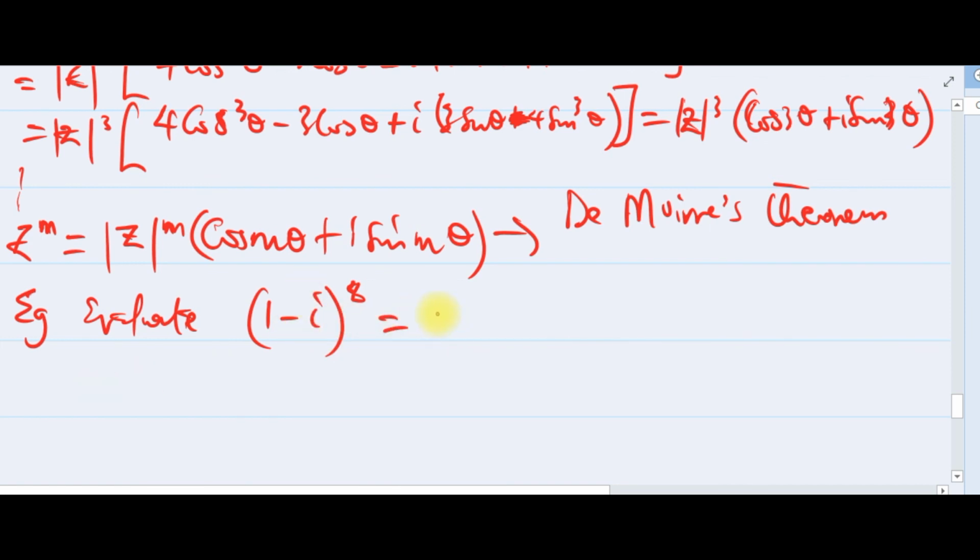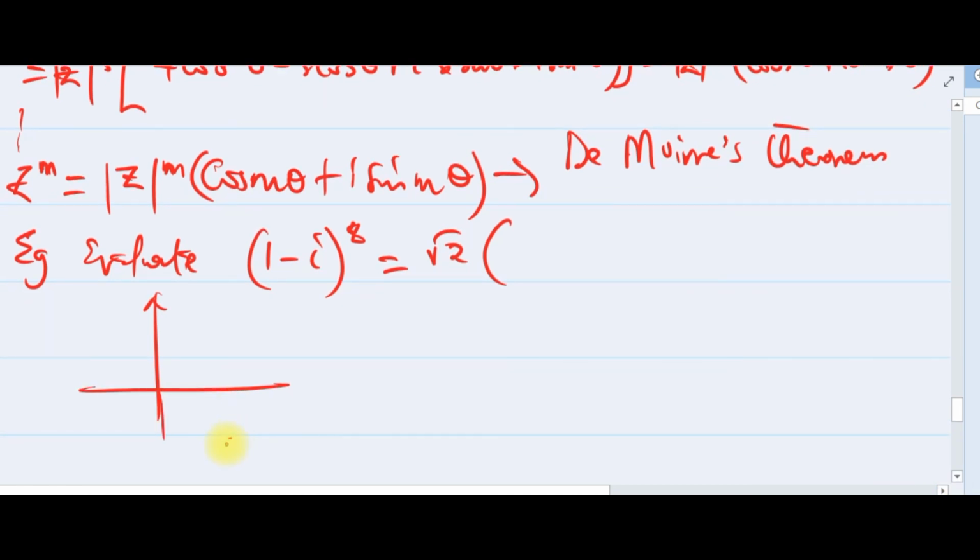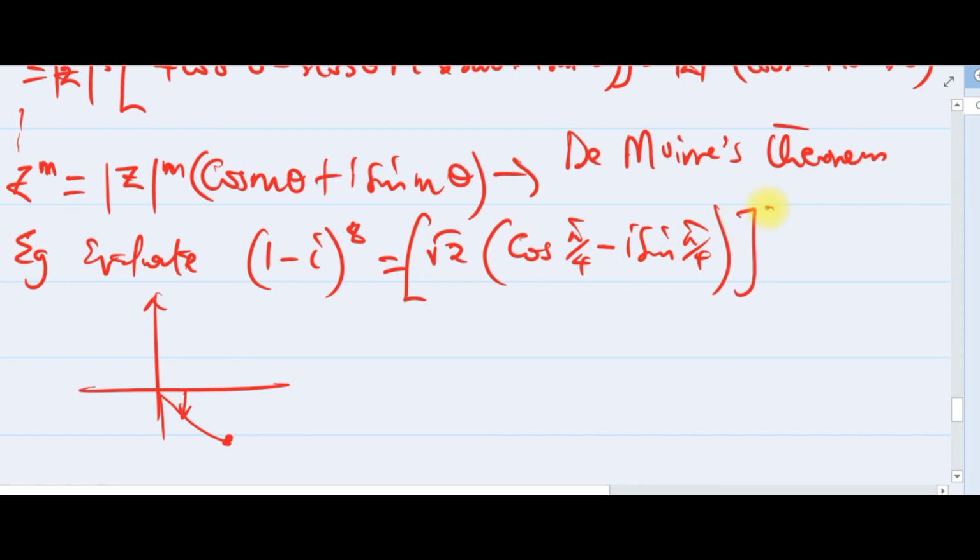Tan inverse of 1 over 1 is, remember this, if you draw the Argand diagram, pi over 4 minus. That's where our complex number is. So we are using the negative sense. So this is root 2, cos pi over 4 minus i sine pi over 4, raised to power 8.